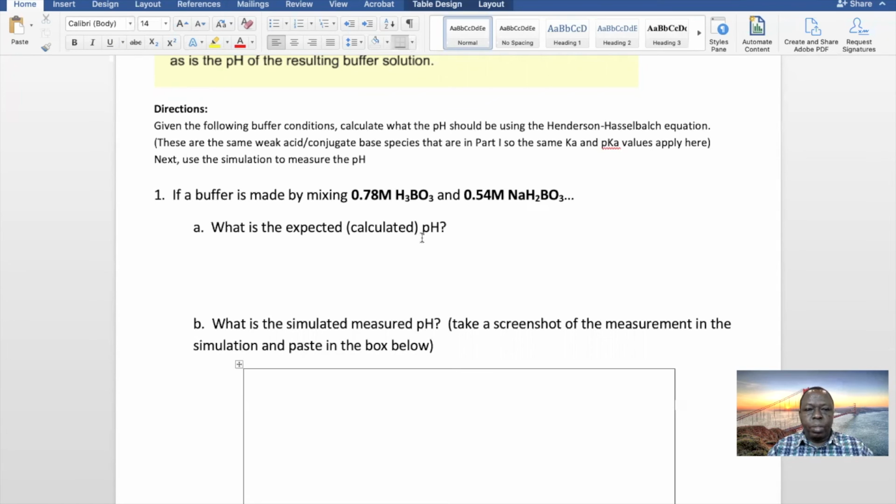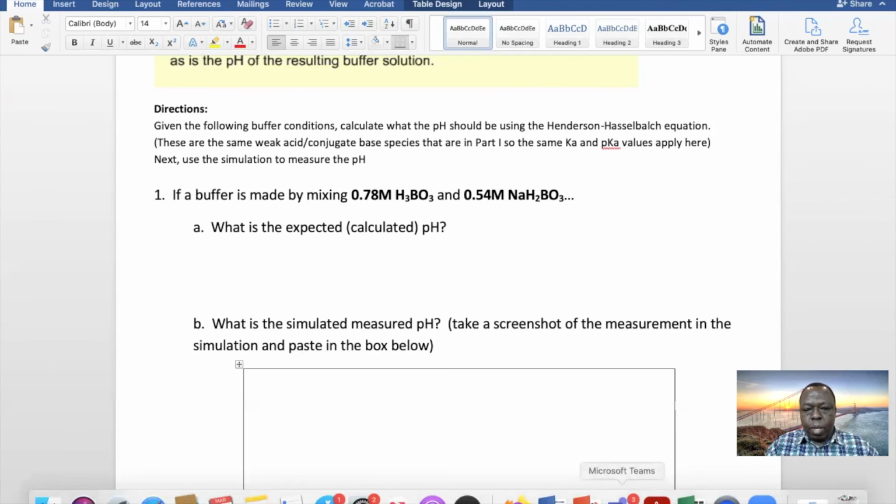That is what you see, and then here, what is the simulated pH? Take a picture. In this case, you need to look at the pKa for this acid-base pair. This is the pKa right here.